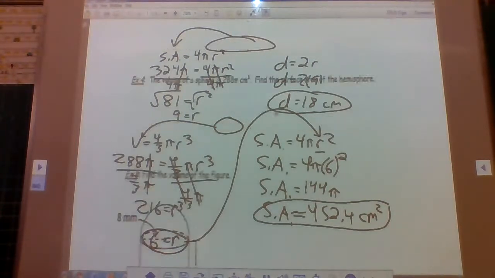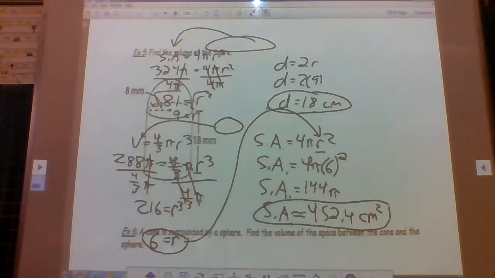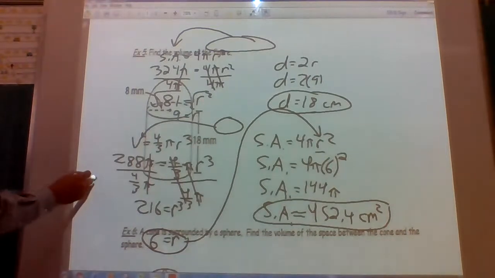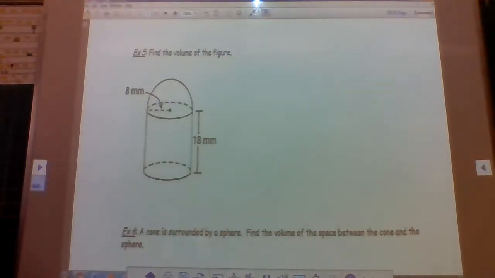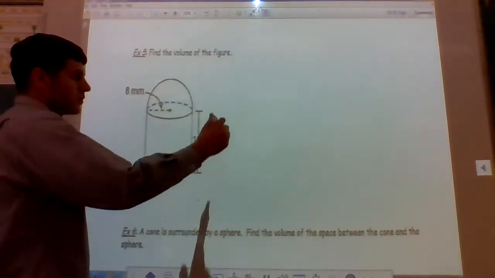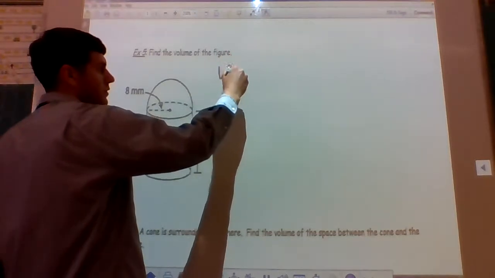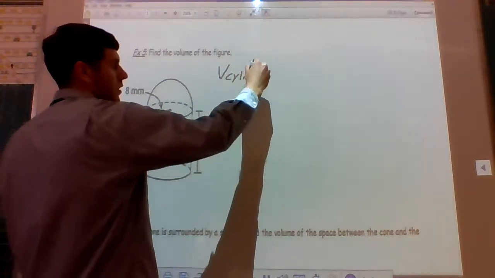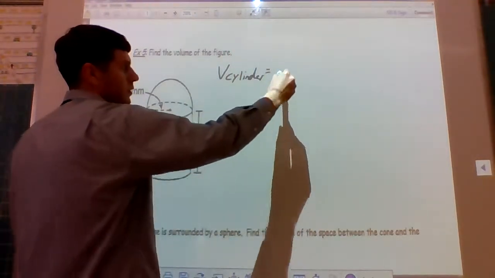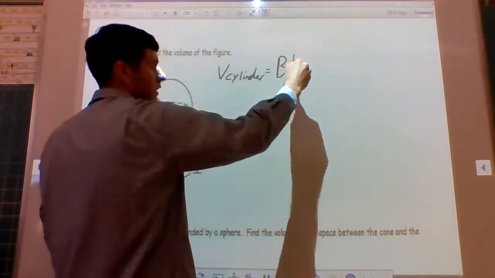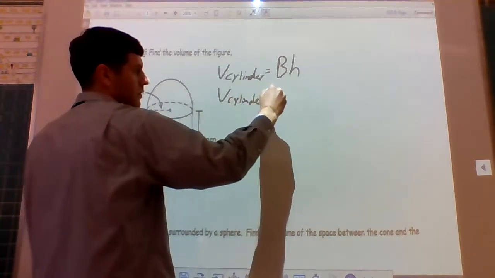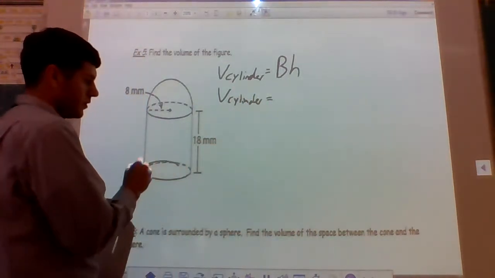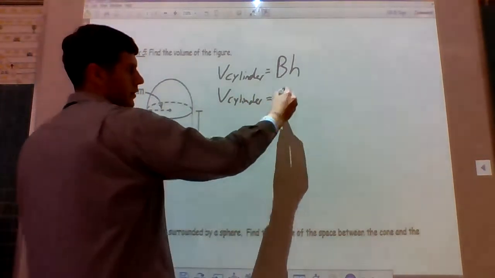Example 5. I want to find the volume of the figure. What I see here is a cylinder and half of a sphere. So let's start with the cylinder, which is review. So the volume of the cylinder is going to be the area of the base times the height. The area of the base is going to be pi r squared.